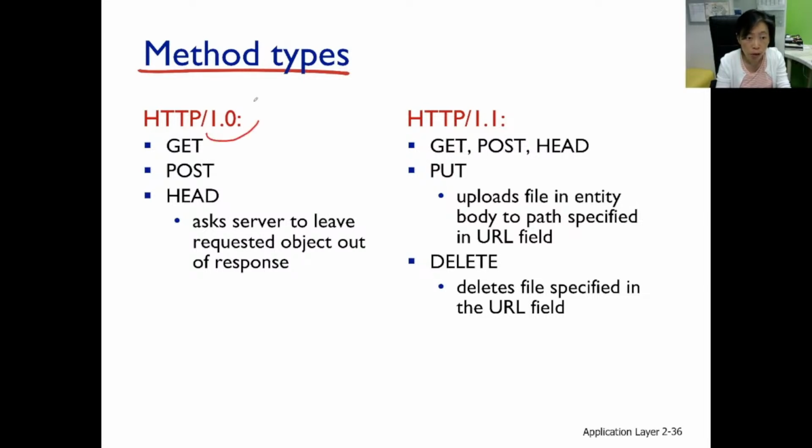In version 1.0, we see GET, we see POST, we see HEAD again. But this is all that HTTP 1.0 supports. In HTTP 1.1, we extend the command options from the 3 classic ones to add 2 more, PUT and DELETE. Okay, let's go through these other commands.